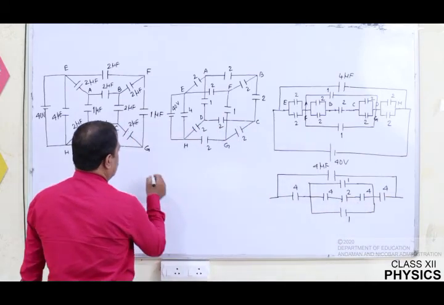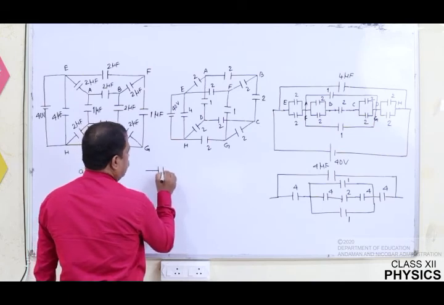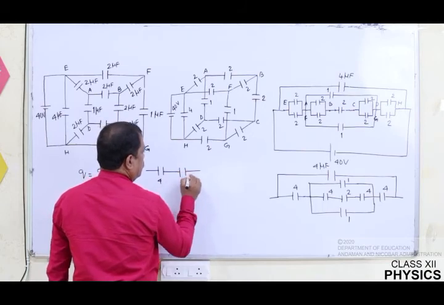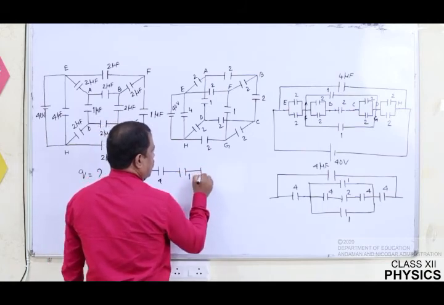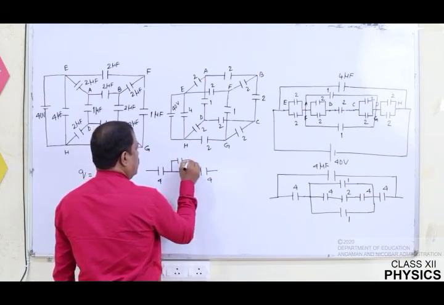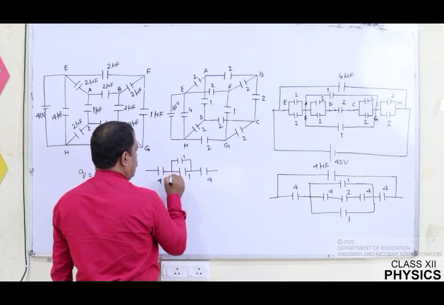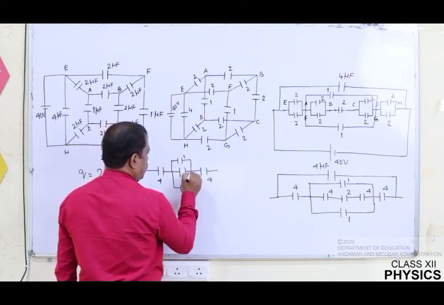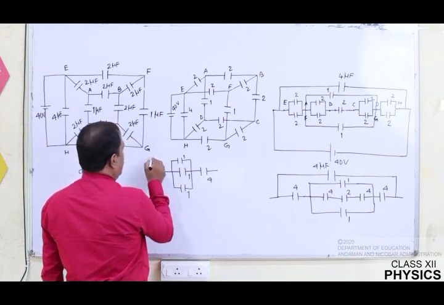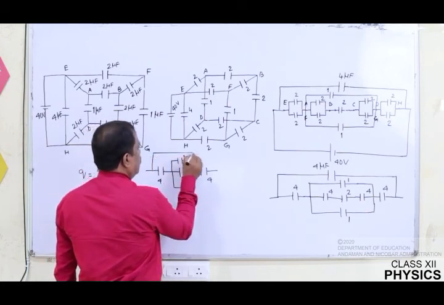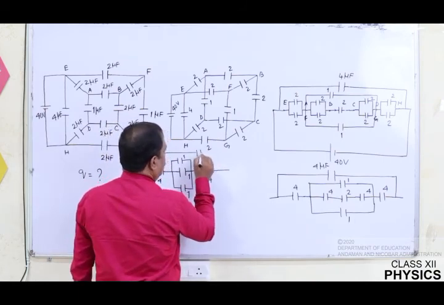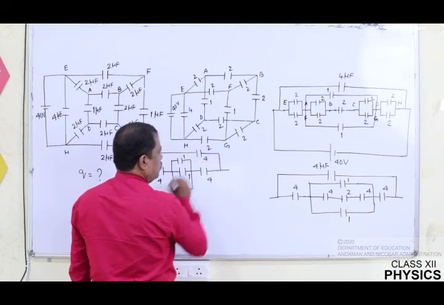Okay, so if I redraw this diagram, so this will be 4, and I have this is 1, another 4, here it is 1, and here it is 1, and the top, this is 4.